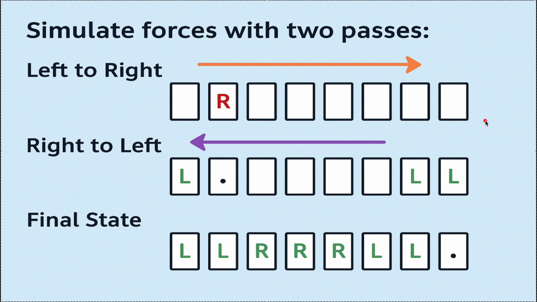So first you came left to right, and you have made a force from left to right. Then for this state you came right to left, so you have given LL, and then you have made the forces.